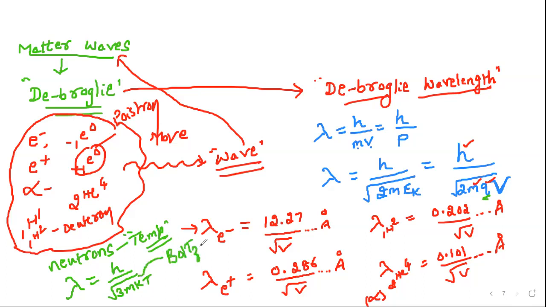Here K is called the Boltzmann constant. Remember that. So this is the de Broglie wavelength for the particles which are in motion.